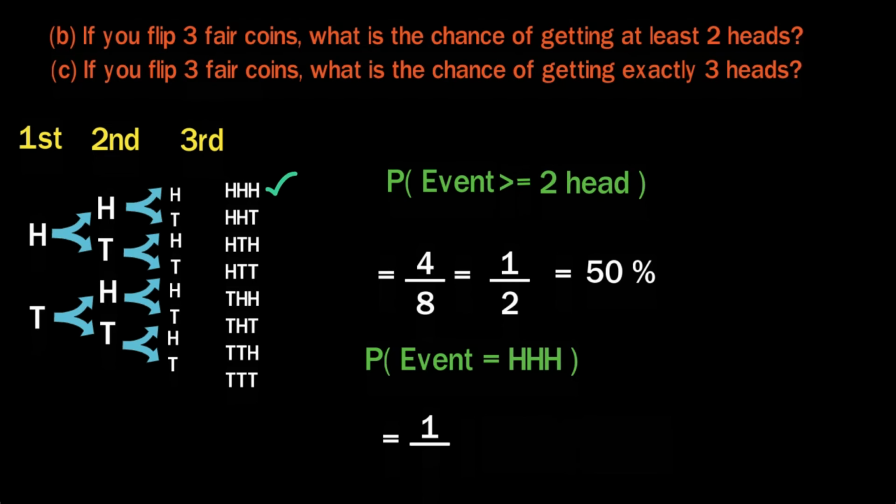So the answer is 1 over 8, which is 0.125 and 12.5%. If you look at the questions here, fair means that there is an equal chance of head or tail happening.